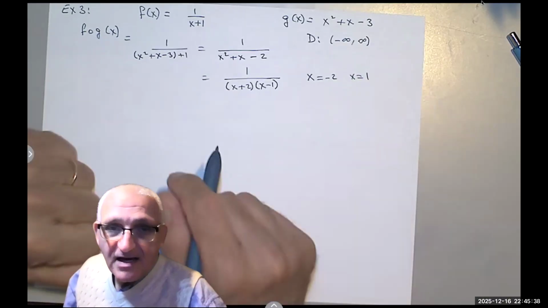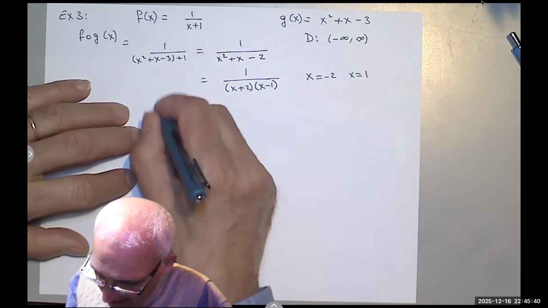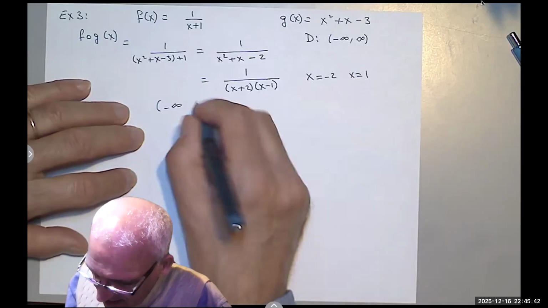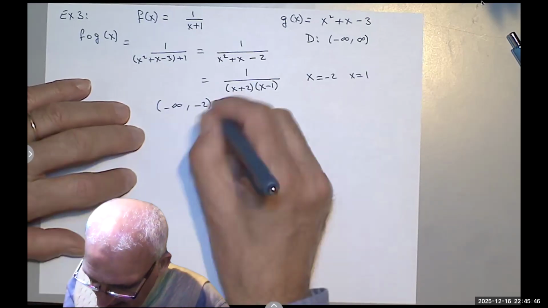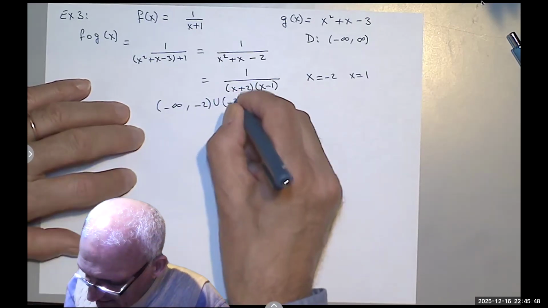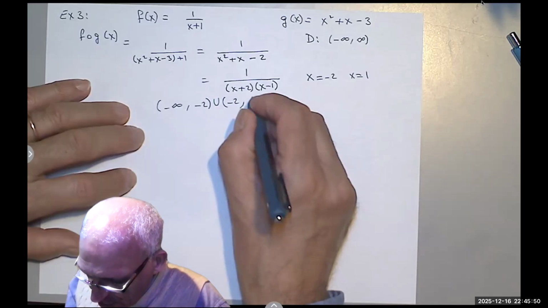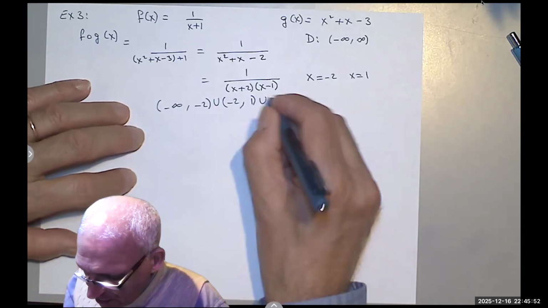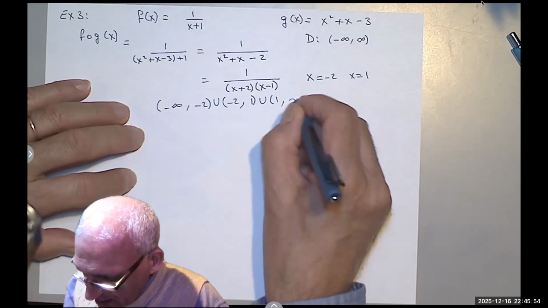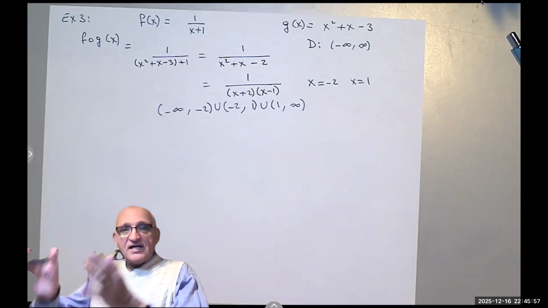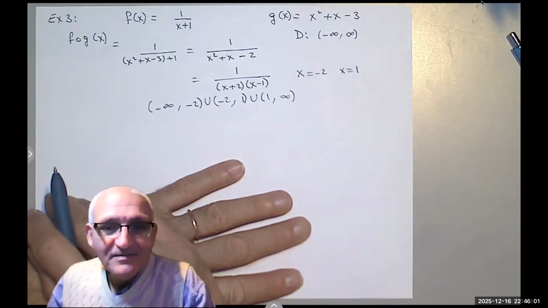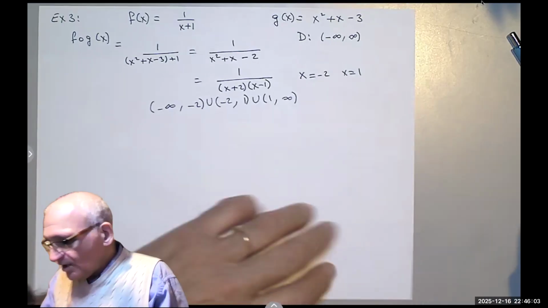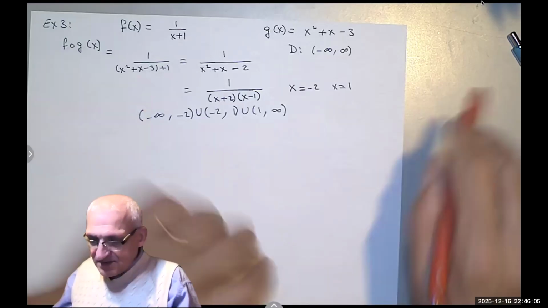So again, I have a union. I can go from negative infinity up to negative 2, but not including that. Any value between negative 2 and 1, not including the 1, or any value greater than 1. So these are like 3 intervals in union.